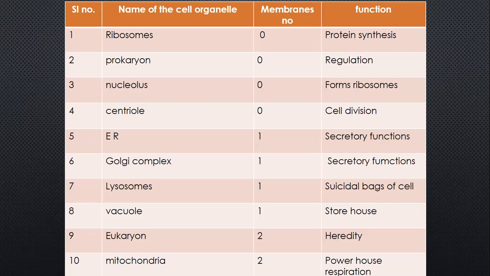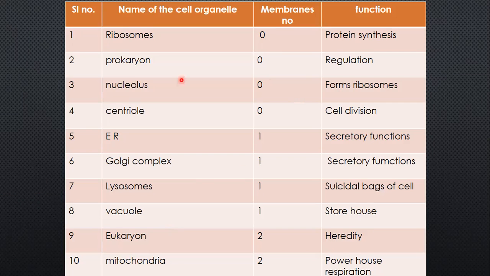Here we see various cell organelles present in prokaryotic cells and eukaryotic cells like plant cells and animal cells. In the first case, the ribosomes. Ribosomes are membrane-less cell organelles, seen in prokaryotic cells as well as in eukaryotic cells, along with mitochondria and chloroplasts.